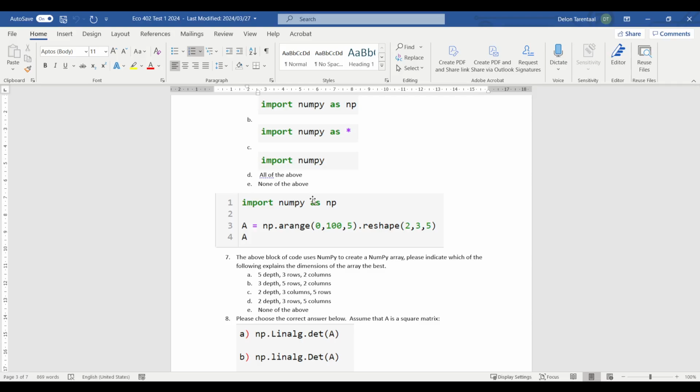Okay, what's the answer? So the question is, the above block of code uses NumPy to create a NumPy array. Please indicate which of the following explains the dimensions of the array best. D. Everyone happy with D? All wrong.